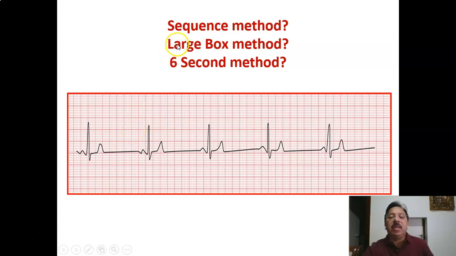So here the best method, if the rhythm is regular, is the large box method. See by the large box method, 1, 2, 3, 4, 5, 6, 7, 8, 8.5. So 300 divided by 8.5 is approximately 35 to 40 beats per minute heart rate, even less than this.